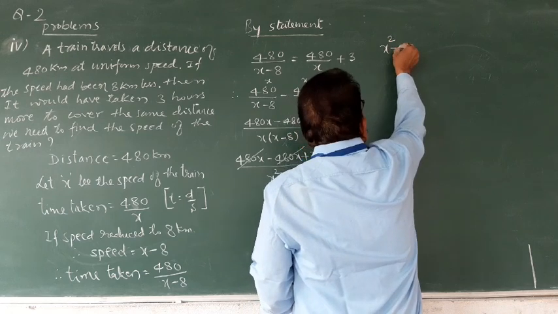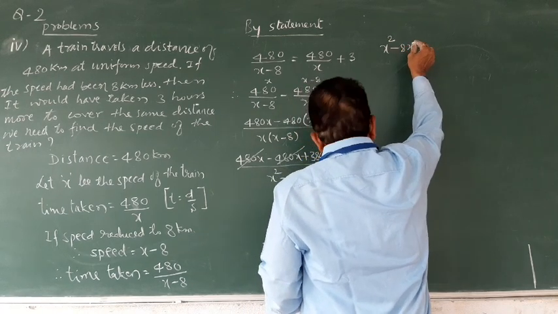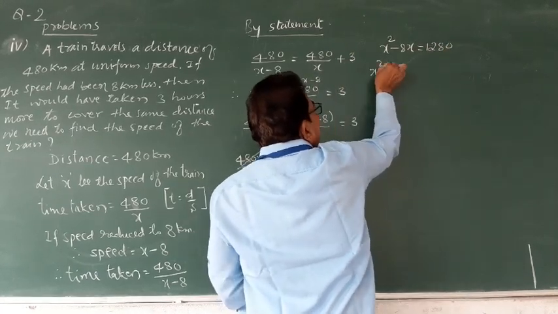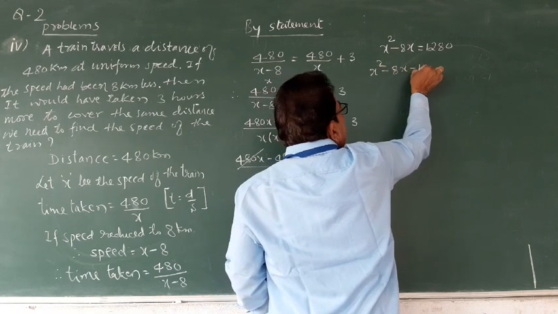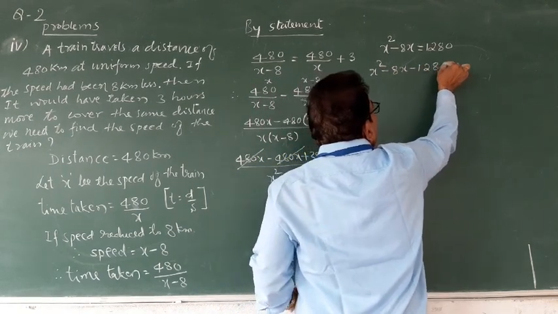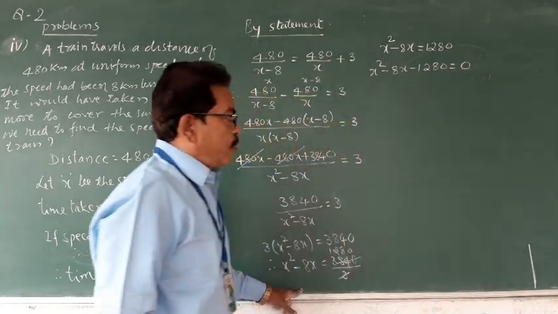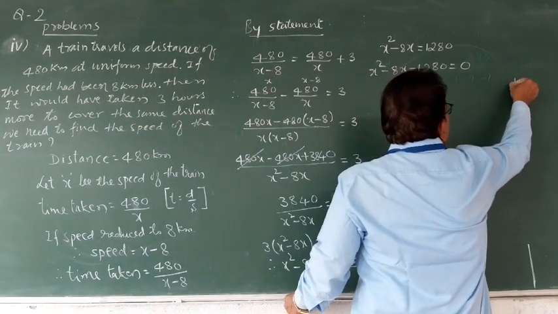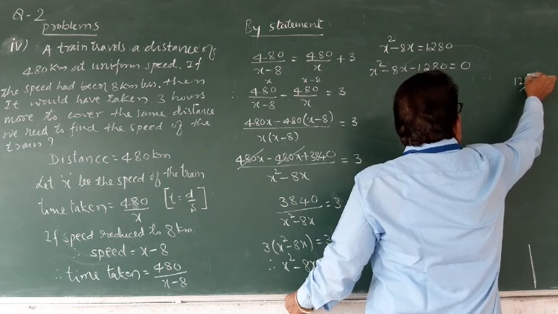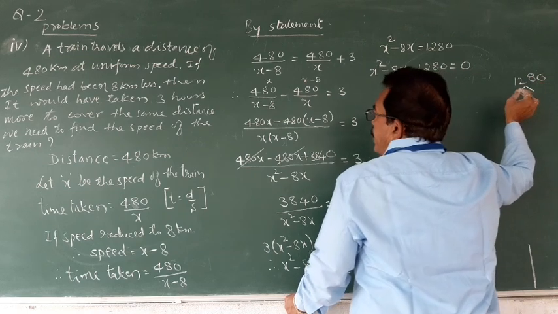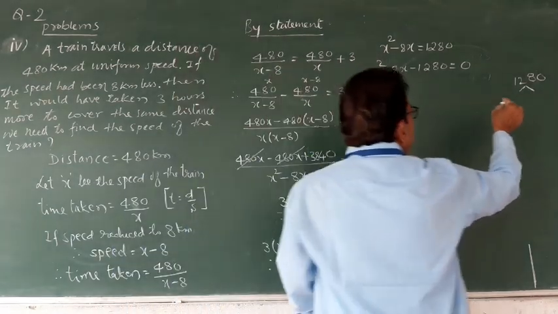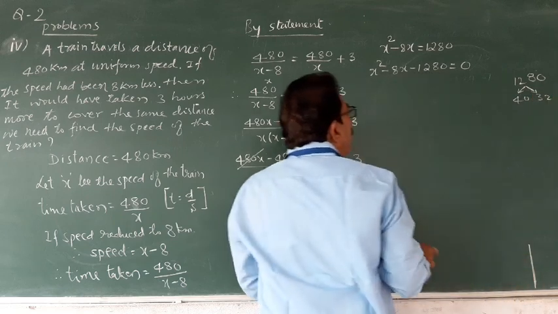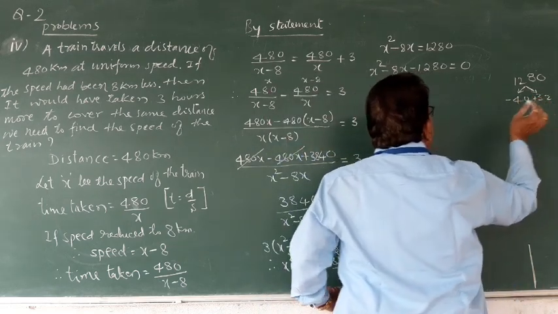So the required equation will be x square minus 8x equals 1280. Therefore, x square minus 8x minus 1280 equals 0. Then we have 1280 can be split into 40 into 32, that is minus or plus.